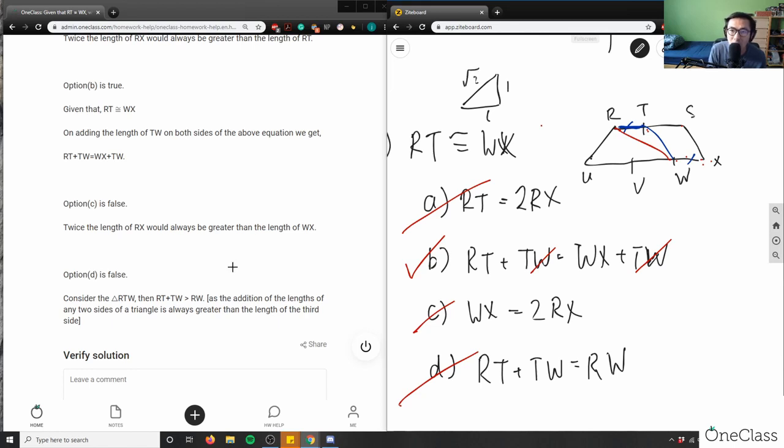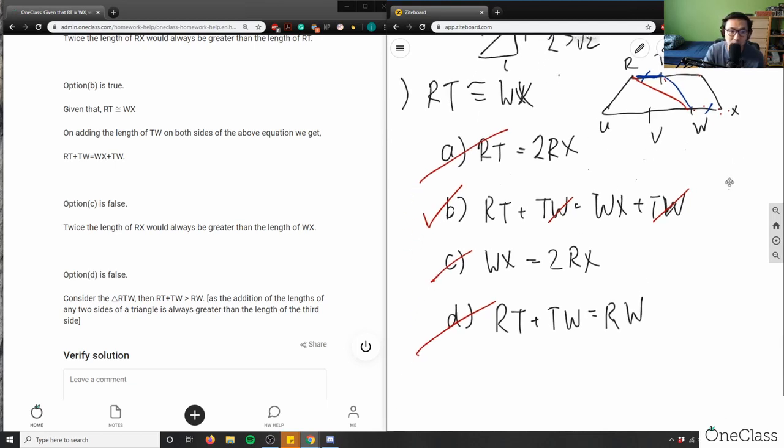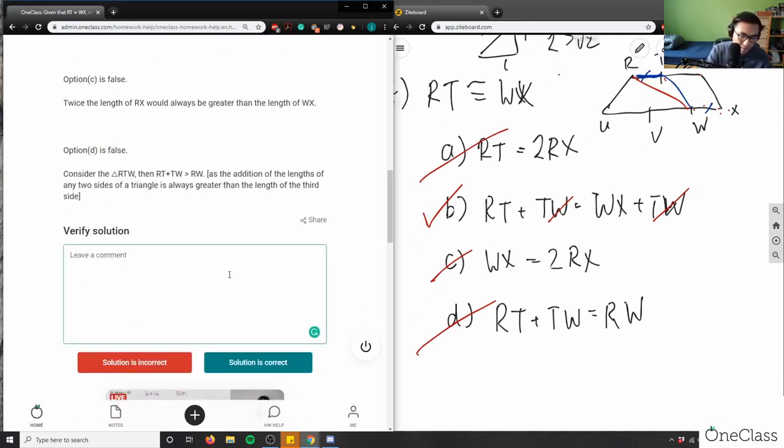If I add the horizontal and vertical sides, 1 plus 1 is 2, and 2 is greater than root 2, which is about 1.4. So the sum of any two sides is always greater than the third side, and D is incorrect. So B here is correct. This is great logic and solution.